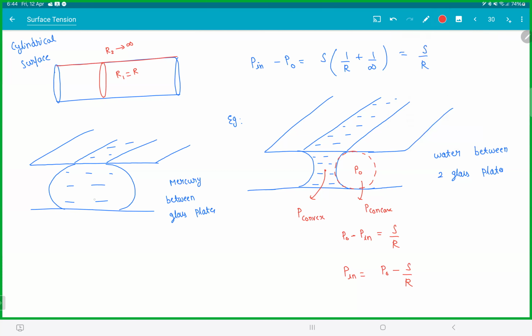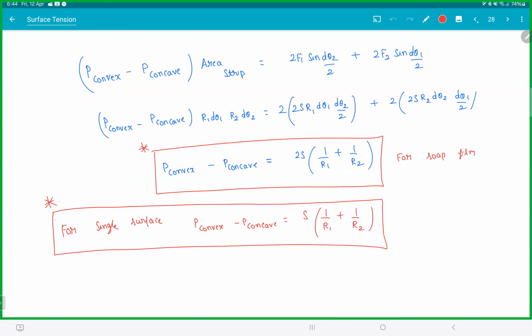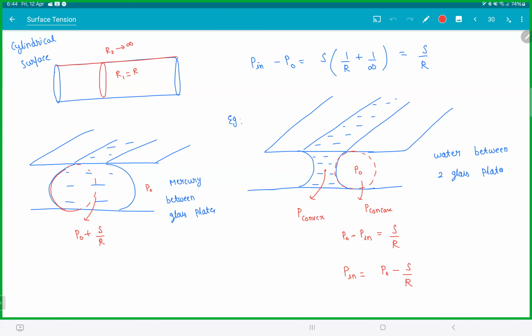In this case, this would have been the excess pressure. So this is P naught and this will be P naught plus S by R. So be careful, where R is this radius of curvature. So for a liquid drop it is 2S by R, soap bubble 4S by R, cylindrical thing S by R. If it is any other random surface they give you, this is the general formula: S times (1 by R1 plus 1 by R2). Clear?